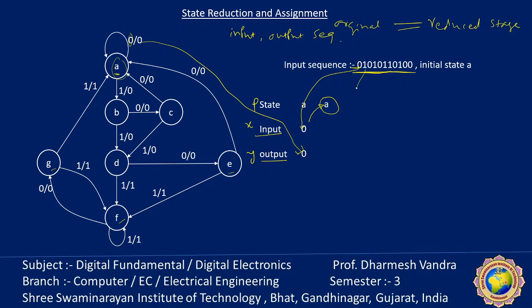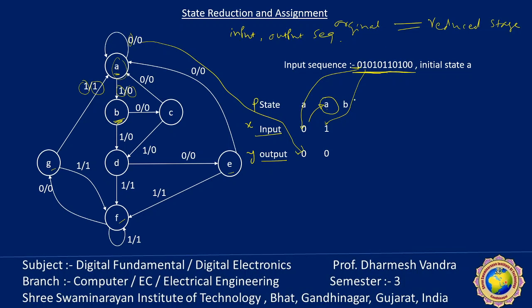Again, what is our input? One. If present state is A, input is one, output is zero, and next state is B.